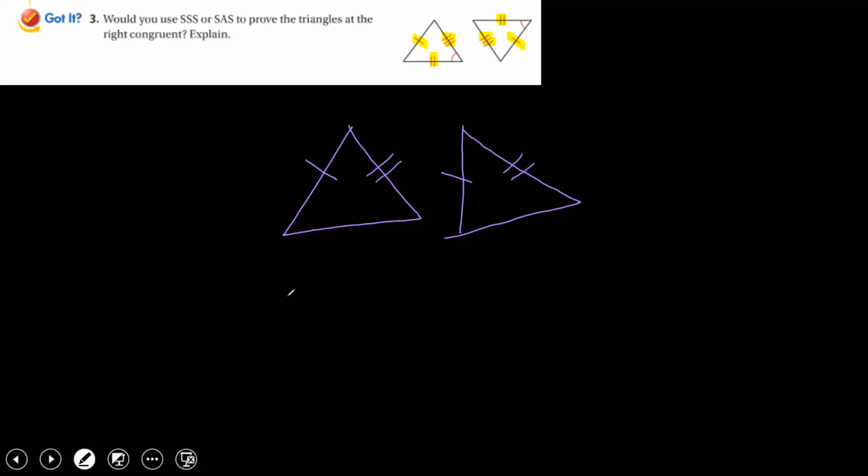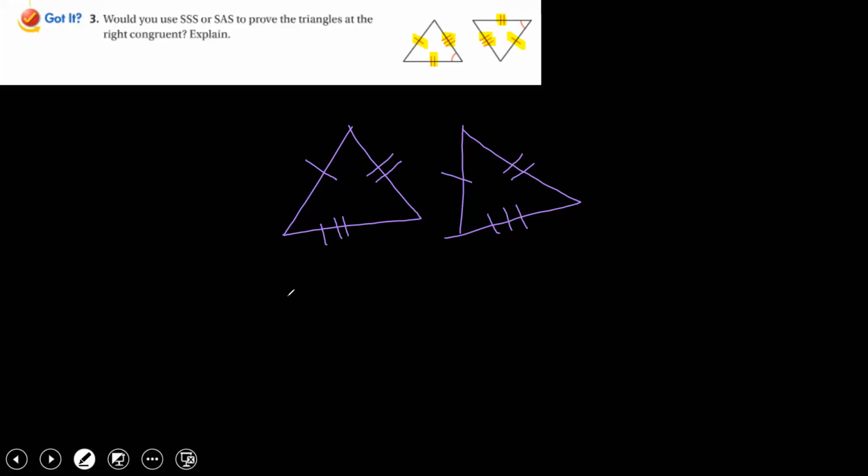Is it right? Yes. Here, look at the first triangle. You will have these two triangles. Okay, I'll look at here now. This side is congruent with this side, and this side is congruent with this side, and this side is congruent with the third side. Is it right?